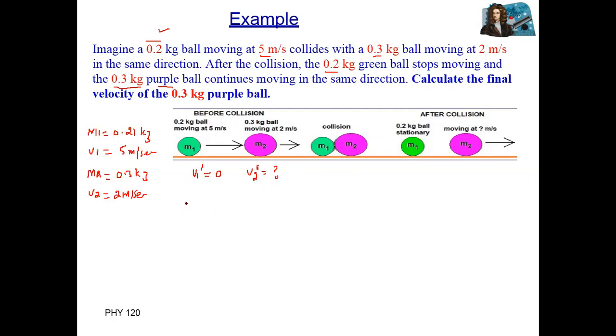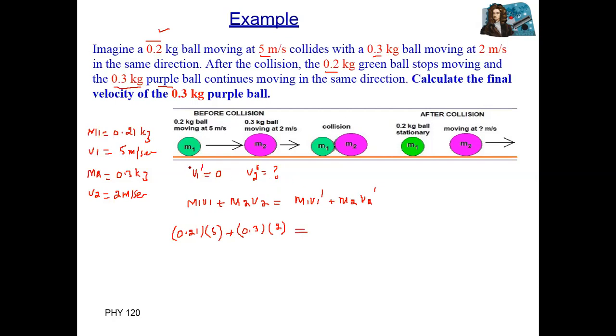We know from the law of conservation of momentum that momentum before collision is equal to momentum after collision, m1 v1 prime plus m2 v2 prime. So we have m1, which is 0.2, multiplied with velocity 5, plus m2, 0.3 kg, multiplied with velocity 2, which is 2 meters per second, equal to m1 with v1 prime.